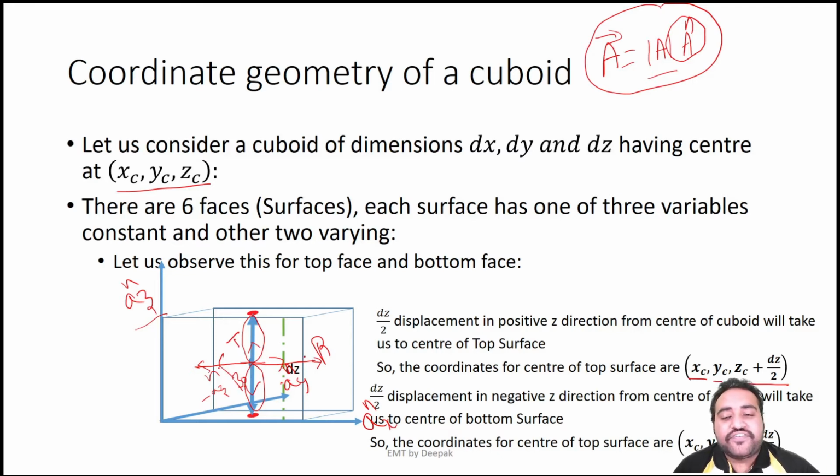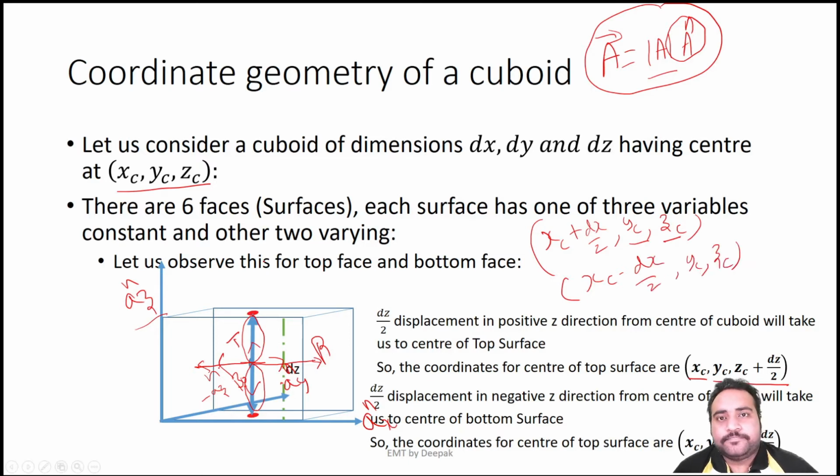So the center for the right surface would be xc plus dx by 2, yc and zc. See that there are no changes in y and z. Whereas the center for the left surface would be xc minus dx by 2, yc, zc. Very obvious, nothing new.